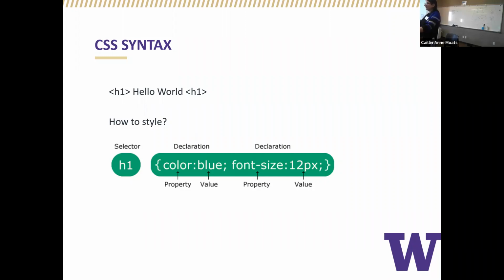We have the selectors. In the h1 selector, we'll declare the property color, we'll make it blue, and we'll declare another property, font size, and it will ask for the size of the content within the h1 tag.